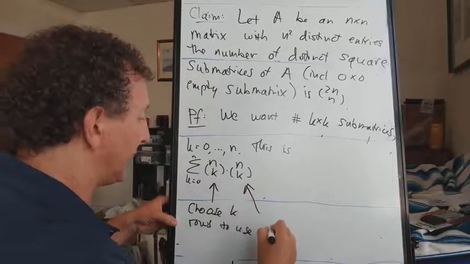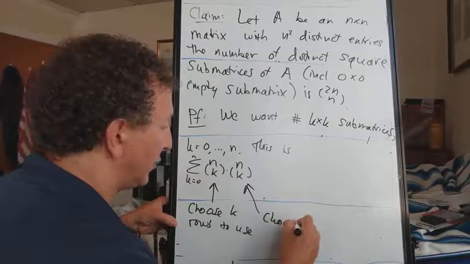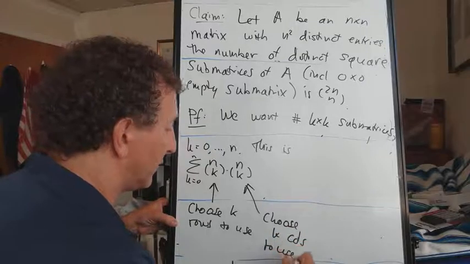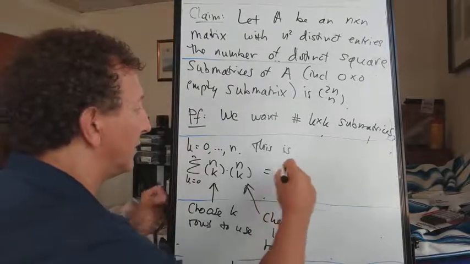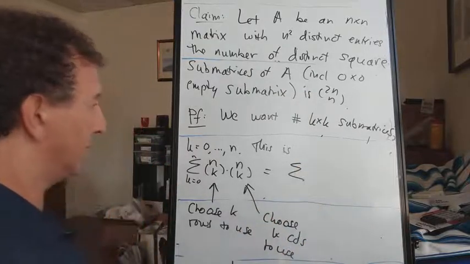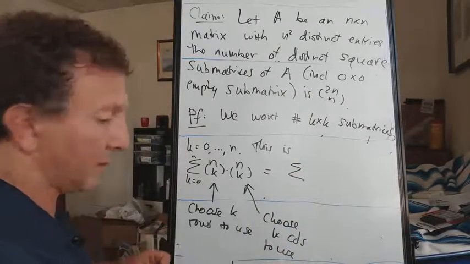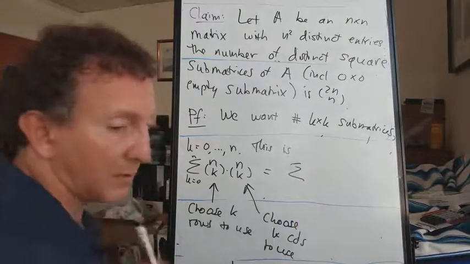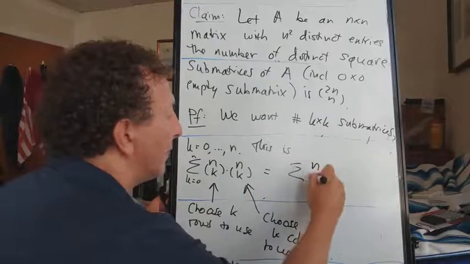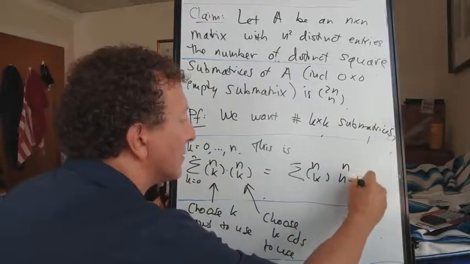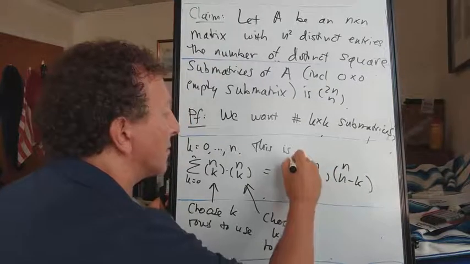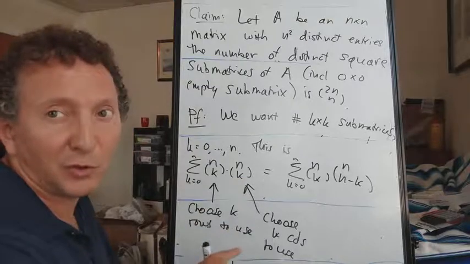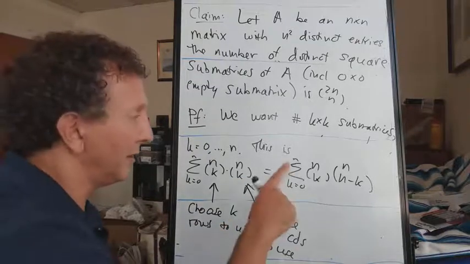And we can think of the second n choose k as choosing k columns to use. Now with the columns, choosing k columns to use is the same as choosing n minus k columns not to use.